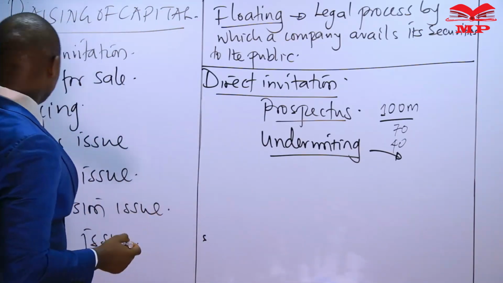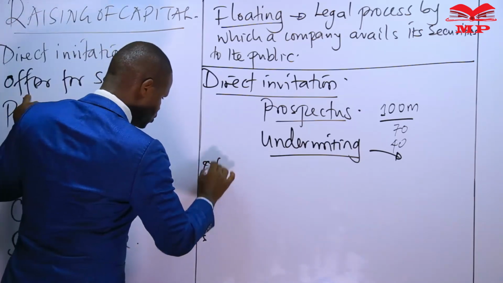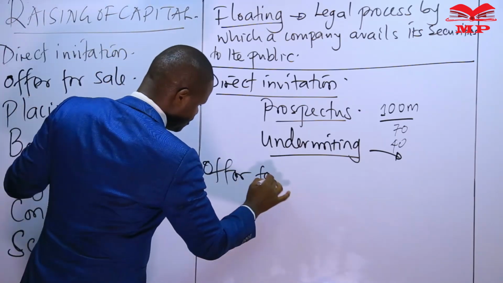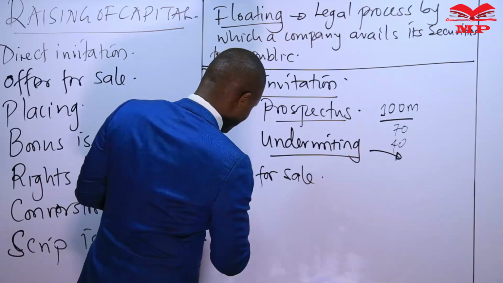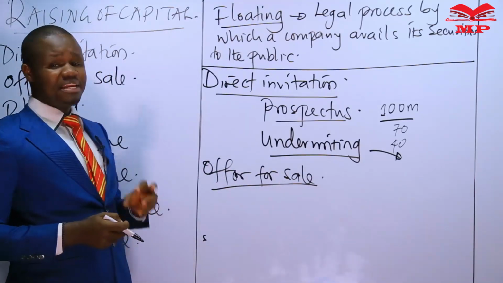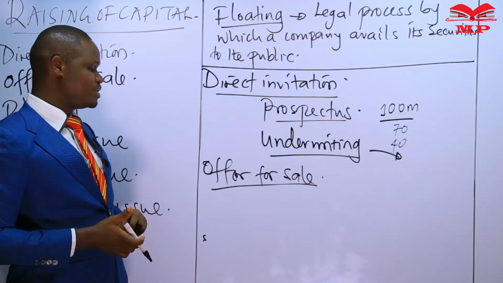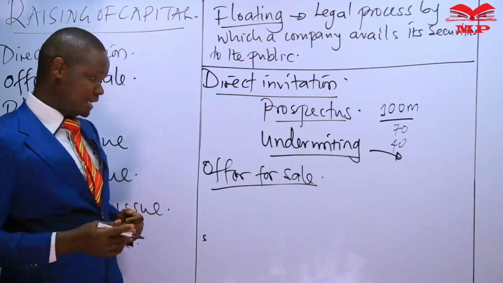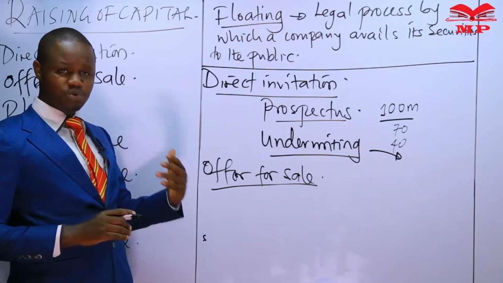We have another option that is available to these companies, which is the offer for sale. In the offer for sale, the company that wishes to raise capital involves a second company that we shall refer to as the issuing house.